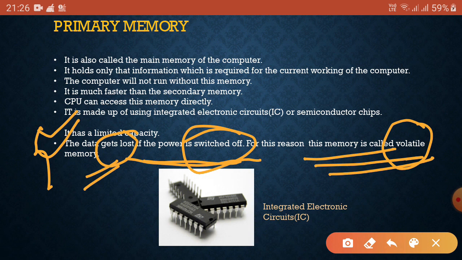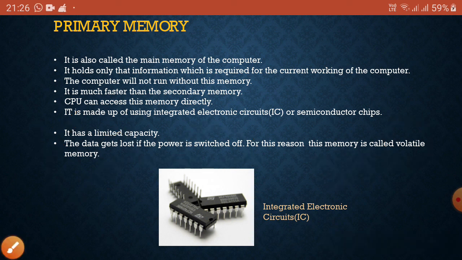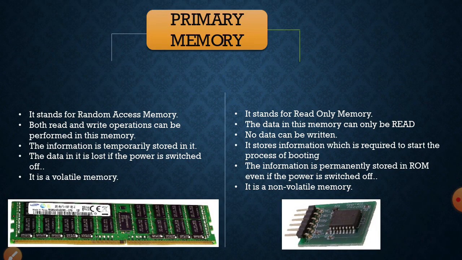Another question arises: what is volatile memory? If the information in any memory is lost when the power is switched off, then it is called volatile memory. Got it? Now we have learned the properties of primary memory and what an IC chip is. Now the part is the types of primary memory.